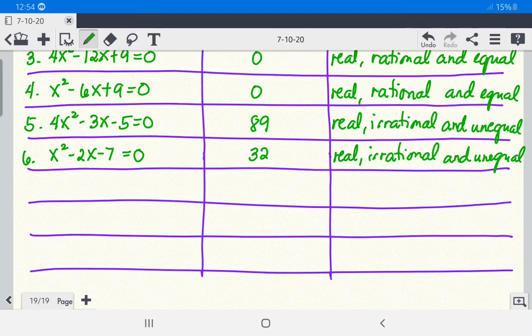Next, number 7, we have x squared plus 2x plus 6 equals 0. So, the discriminant is negative 20. Then, we can say that the nature of the roots of this example is imaginary, or it has no real roots.